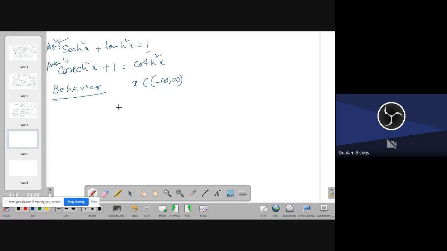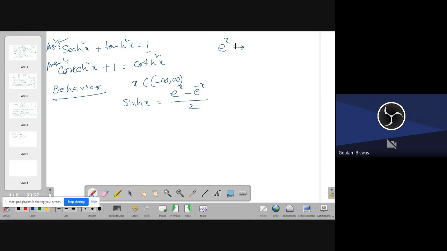Now see, let us take sinh x, that is equal to (e to the power x minus e to the power minus x) by 2. Now you check here, e to the power x, as x goes from lesser value to higher increasing value, how does this function change?